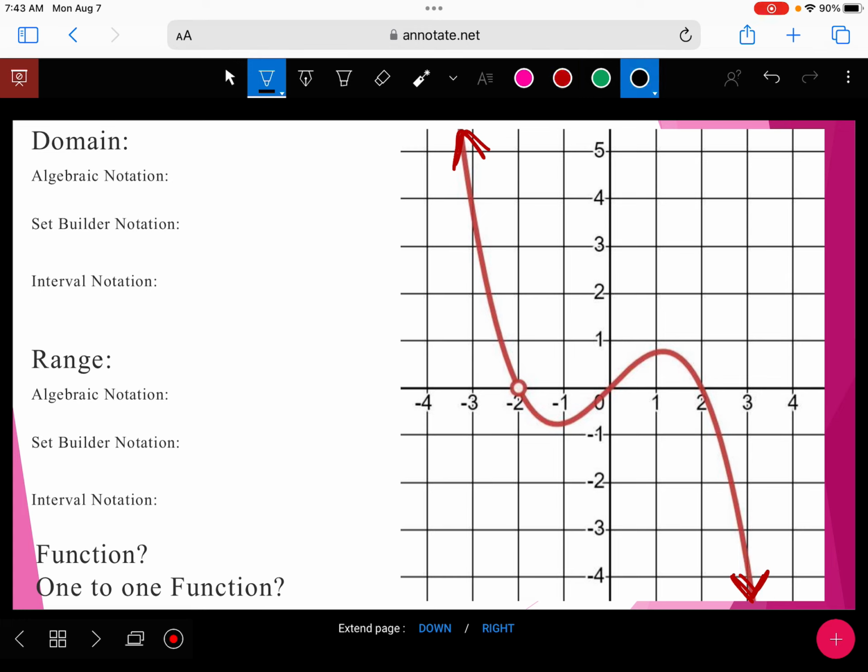So -2 doesn't work, but how about anything else? What does work? 2 works? 0. What else works? 1 works. -1 works. 3 works. 4 works. 5 works.